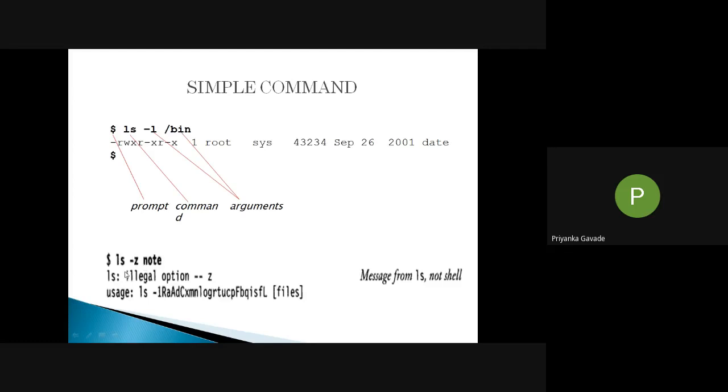This is the message given by the command, whereas it is not the message given by the shell, right? Here you can see ls has almost 20 different options, right? All these options shall be explored when we study the ls command.